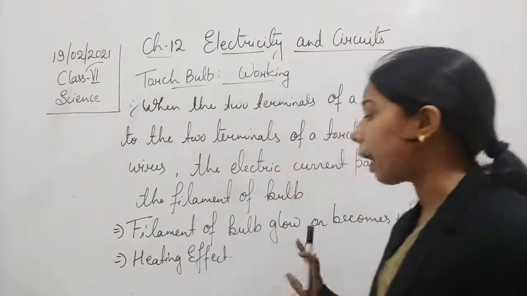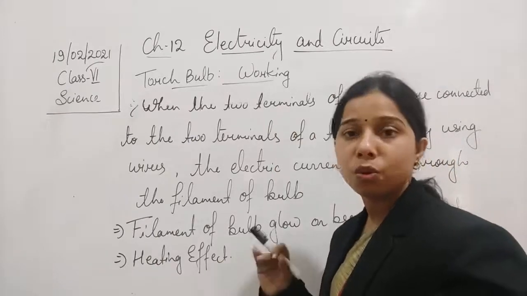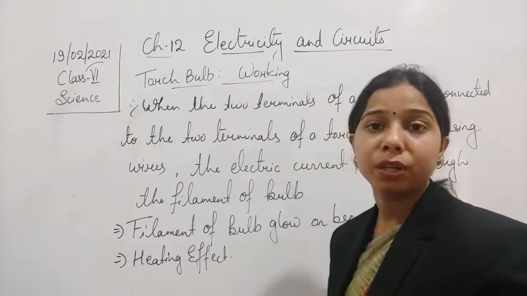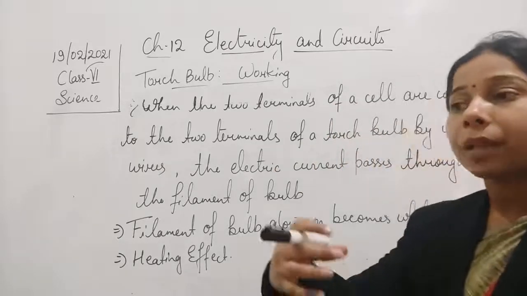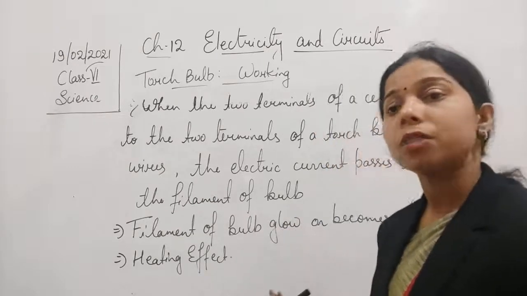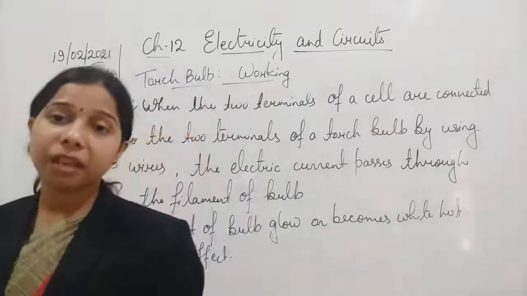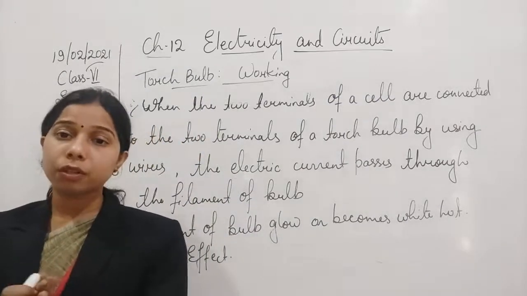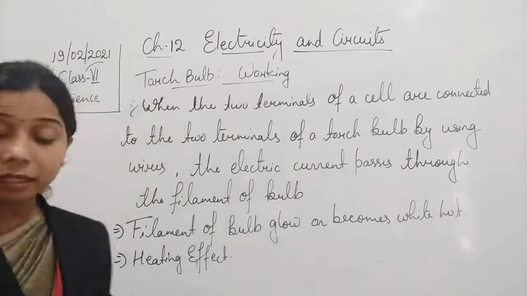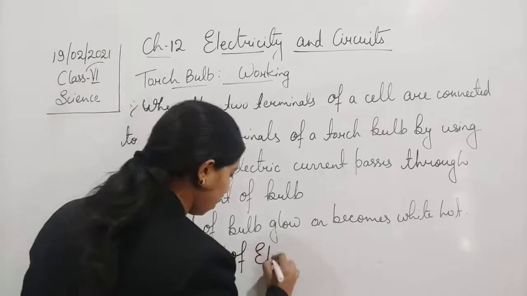So when you pass the electric current through the filament, it becomes hot and starts producing heat, and becomes so hot that it starts glowing and thus producing light. This is an effect of the current, in which electric current gets converted into heat. This is the heating effect of electric current.